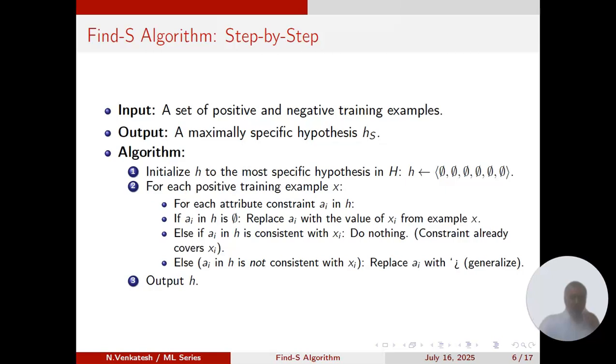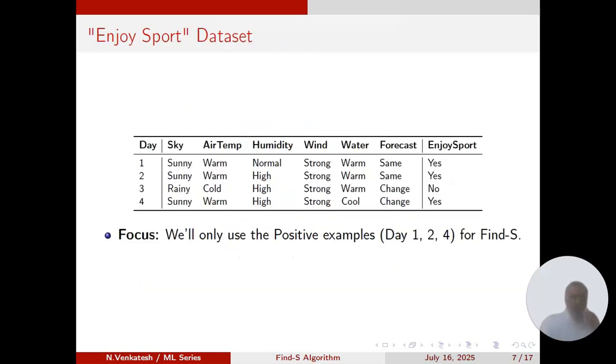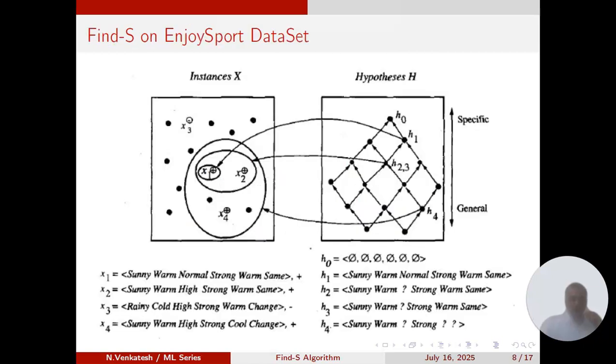Now let us try to understand this on an example that we had seen in the last class, where we had a data set with 4 examples and 3 positive examples. Let us try to understand it step by step.